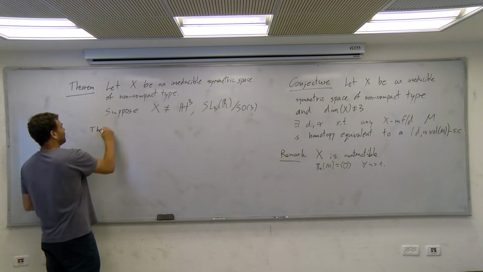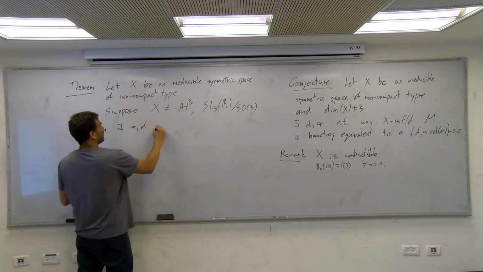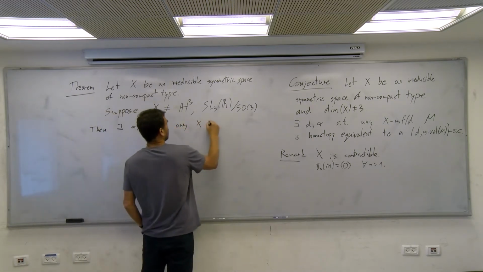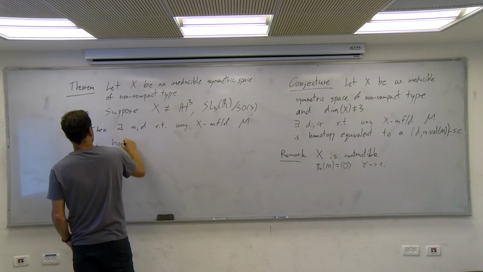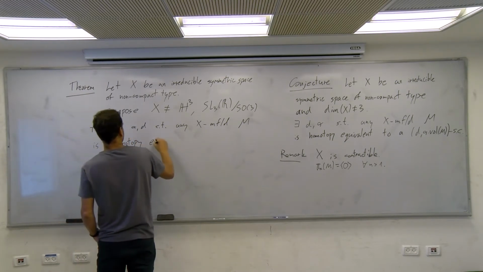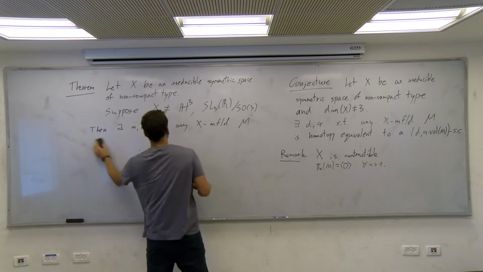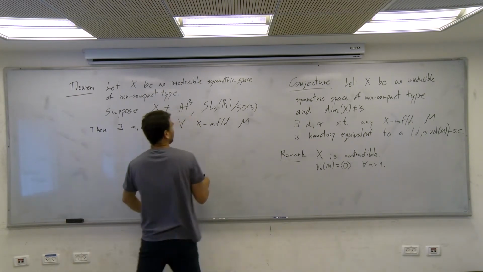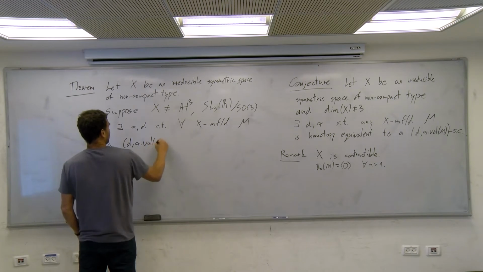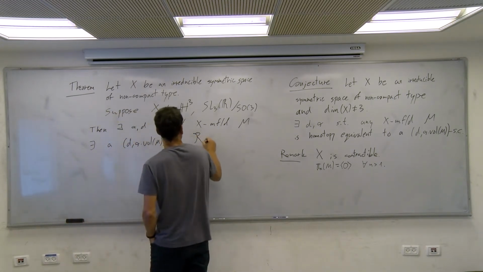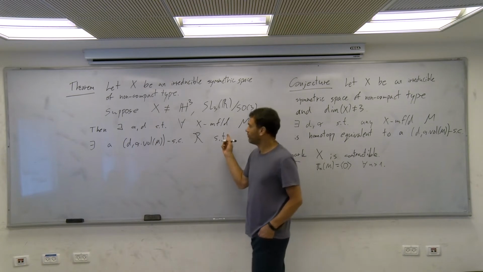Then the conjecture is almost true, in the sense that there are alpha and D such that for any X-manifold M, there is a simplicial complex R of size at most D times volume of M to the alpha, such that I would like to say that R is homotopy equivalent to M, but I don't know how to say that.